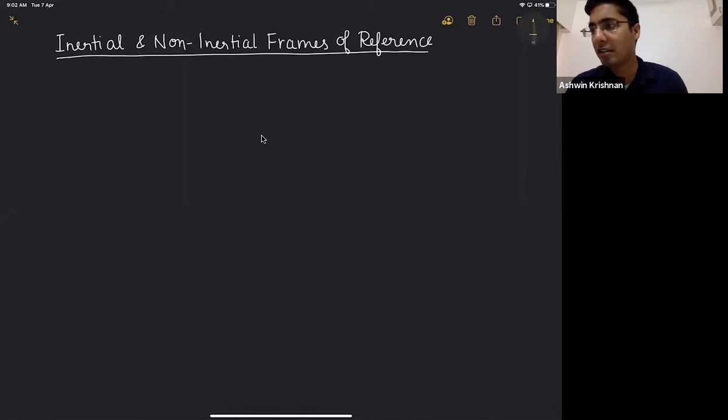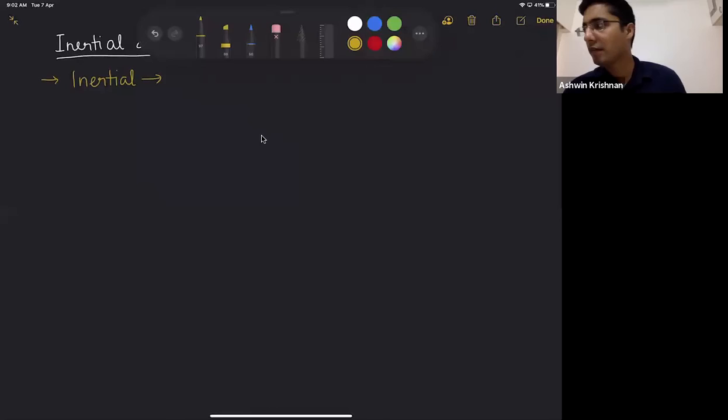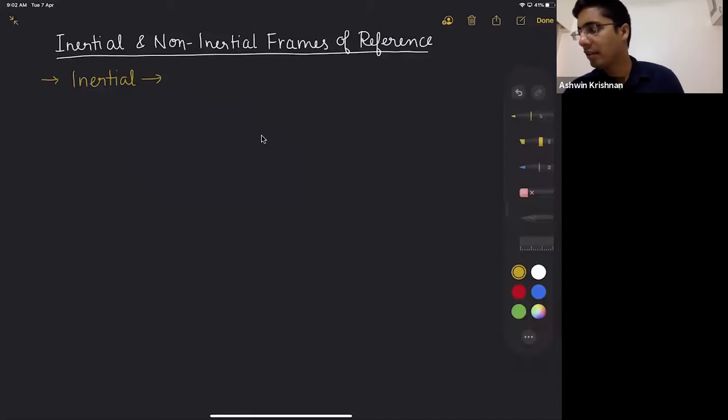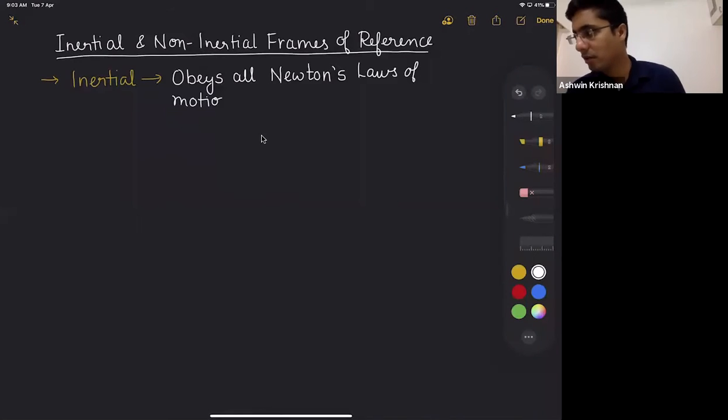is that if a frame of reference is inertial, this basically means that it obeys all of Newton's laws of motion.